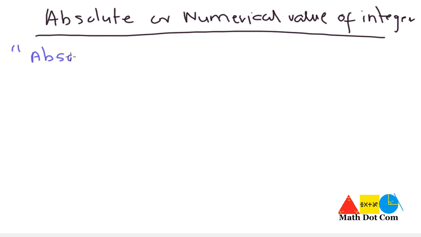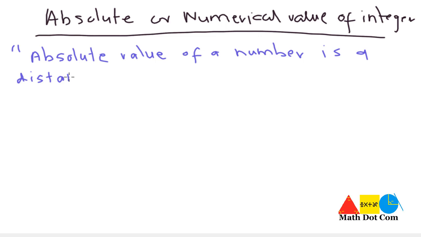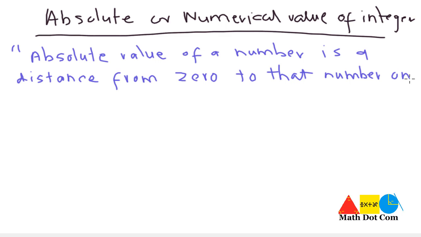Absolute value of a number is the distance from 0 to that number on a number line.